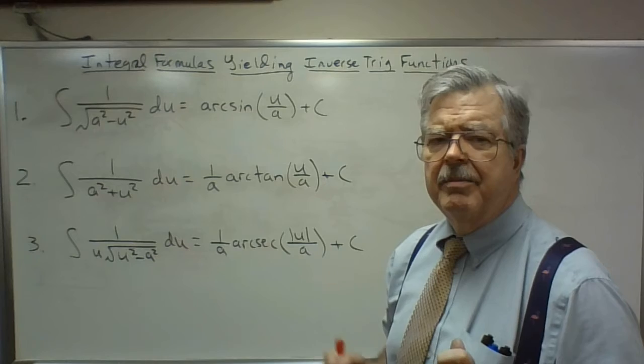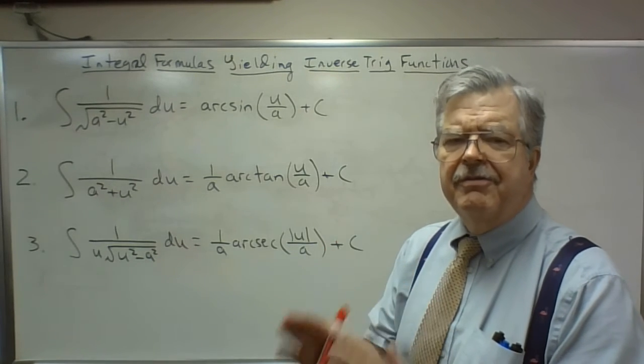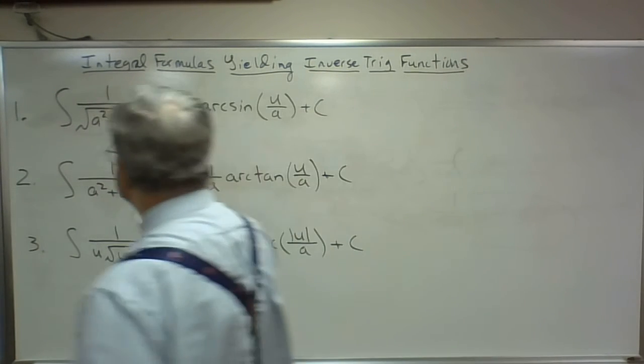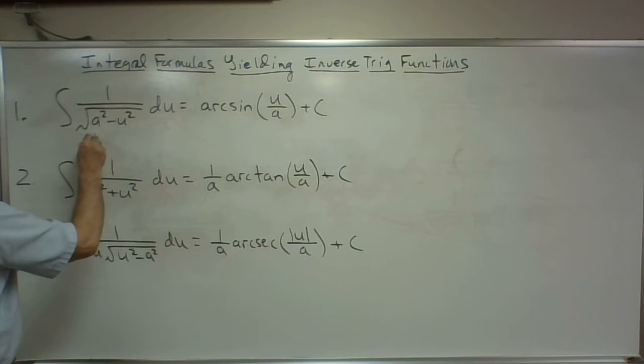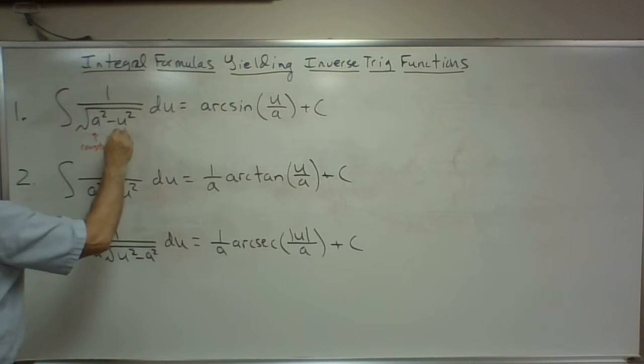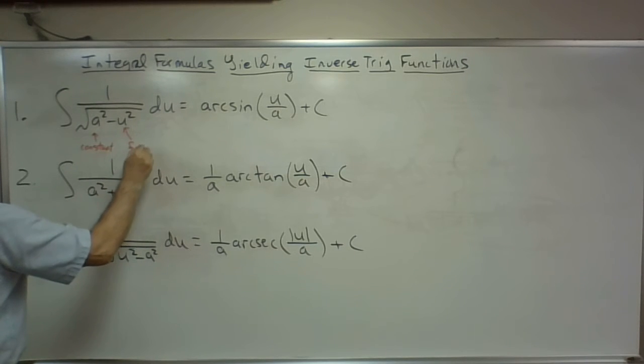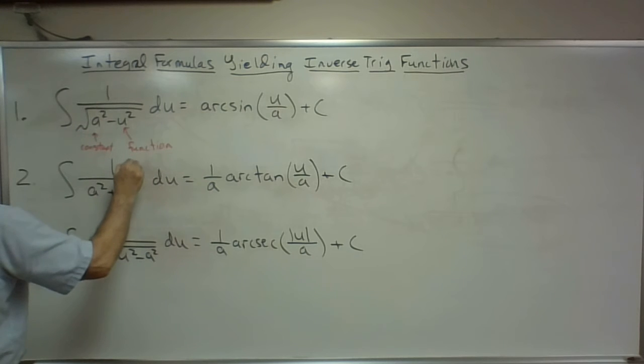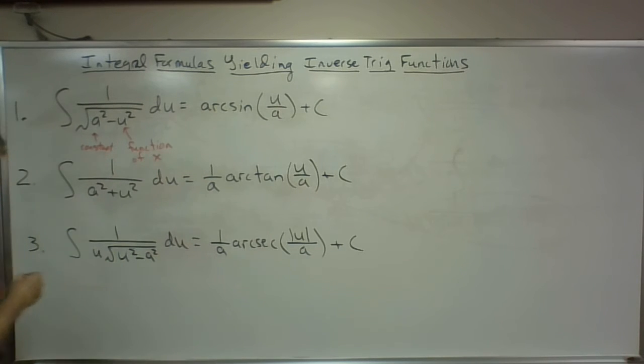U in these formulas is always the function of x. And A is always the constant. So if we have constant minus function under an integral, this is the formula that we use.